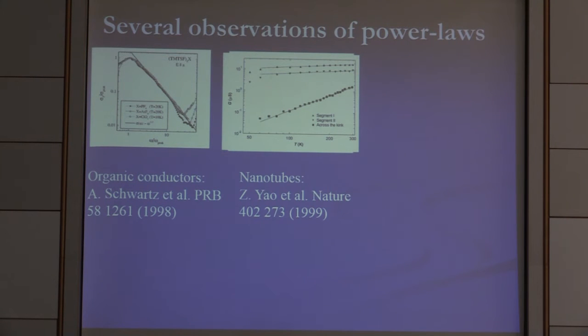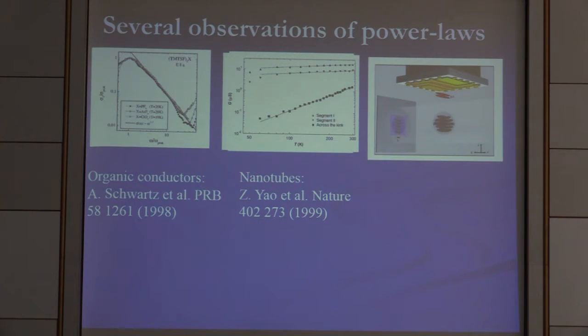In nanotubes, people have seen power laws in the conductance, for example, which have been interpreted, there is some debate on this interpretation, but I don't want to go into that, as the manifestation of Tomonaga-Luttinger liquid physics. But here also, in nanotubes, the interaction is complicated. It's a screened Coulomb interaction again. So we observe the power law, but we cannot say if the exponent is correct or not. So it's difficult to rule out another phenomenon.